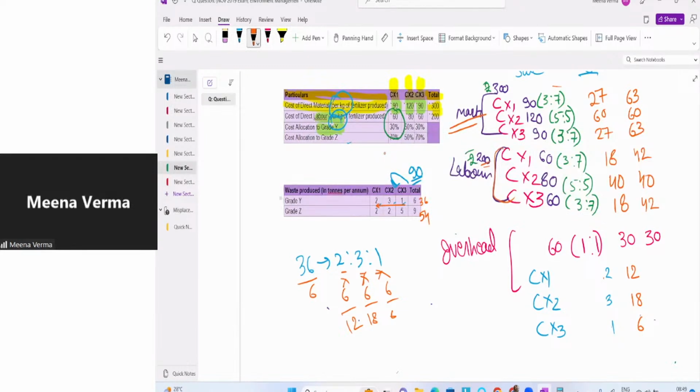In this way you can allocate this 36 cost: 12 for the first, 18 for the second, and 6 for the third.